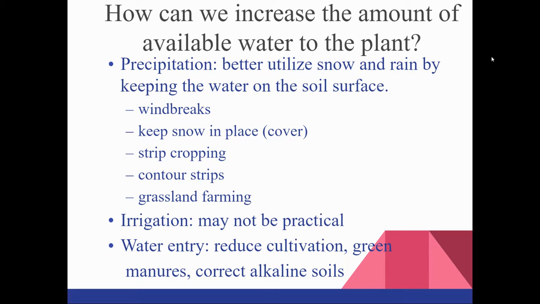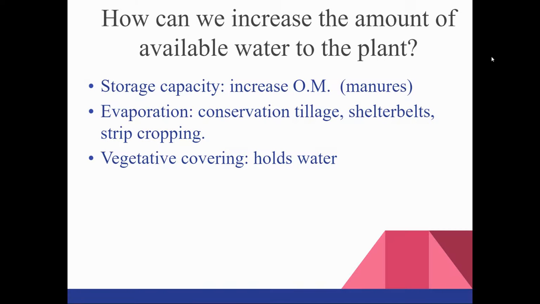Secondly, where the water table is. Water entry: reduce cultivation, use green manures, and correct alkaline soils. Storage capacity and evaporation: you can do conservation tillage, shelter belts, strip cropping, and vegetated covering also helps hold water.